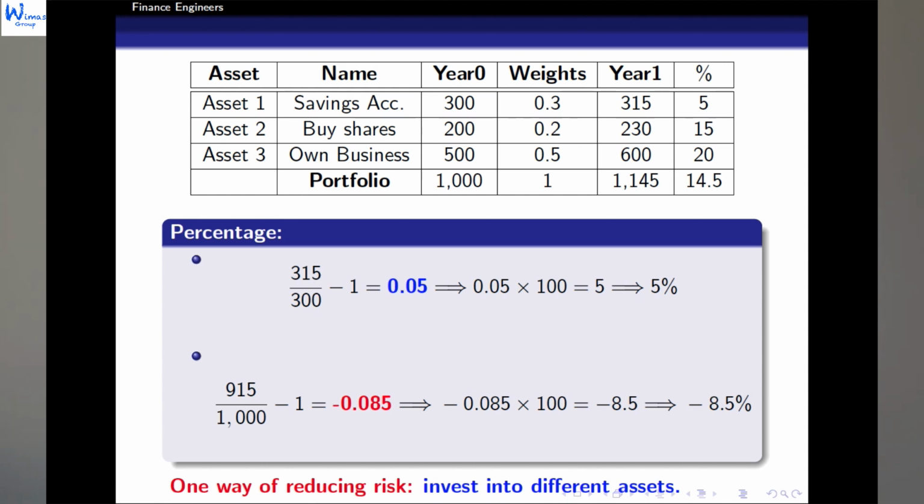But here, even if we have lost 8.5% of our initial invested wealth, we don't have 0.